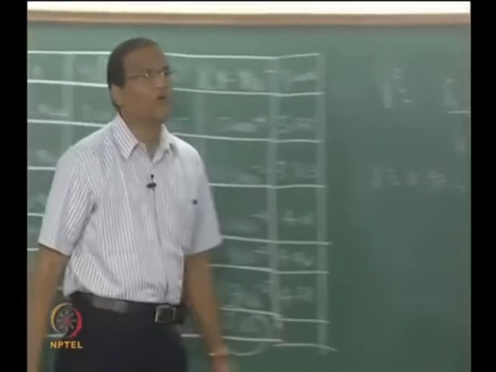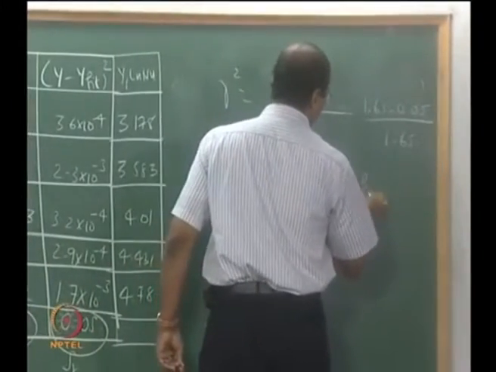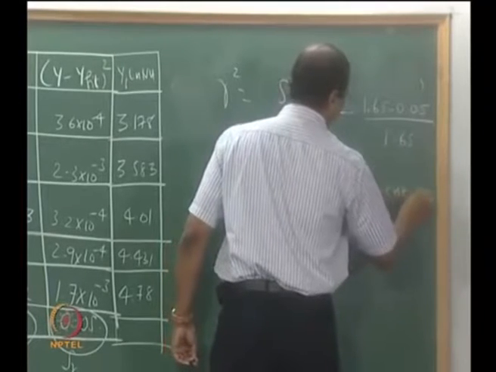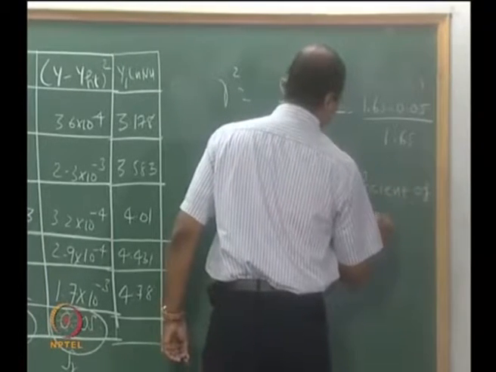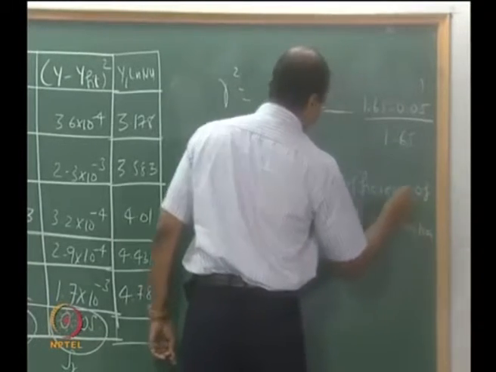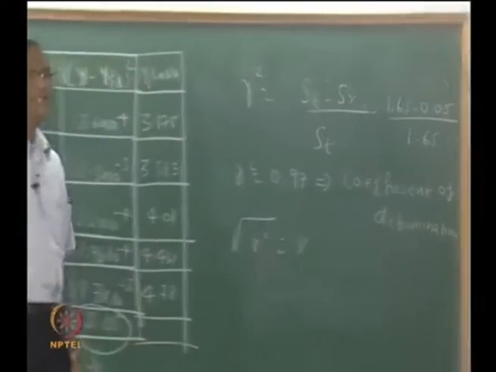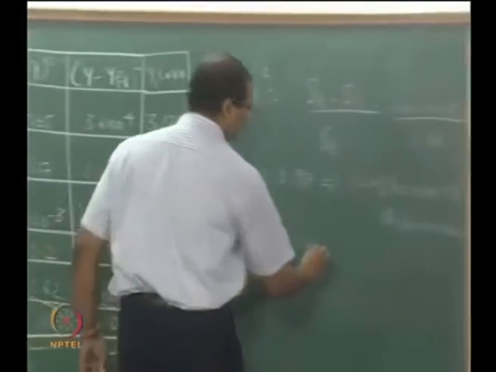This R squared is called the coefficient of determination. The root of R squared, which is R, is called the correlation coefficient.